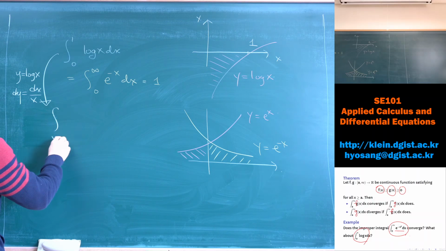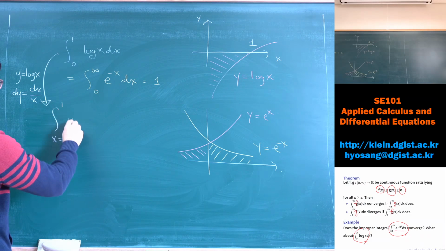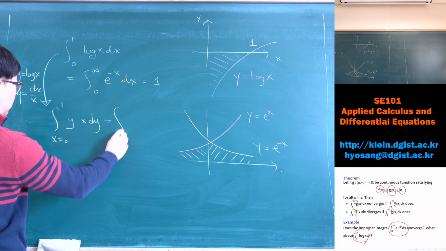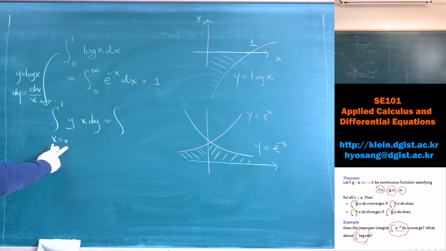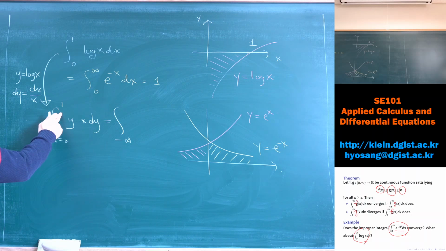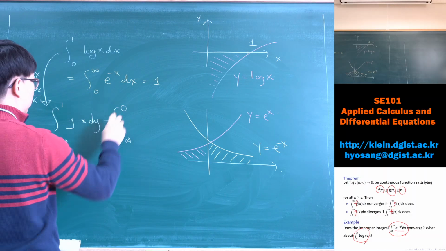So we get the integral of y x dy. When x is 0, y is negative infinity. And when x is 1, we get y equals 0.